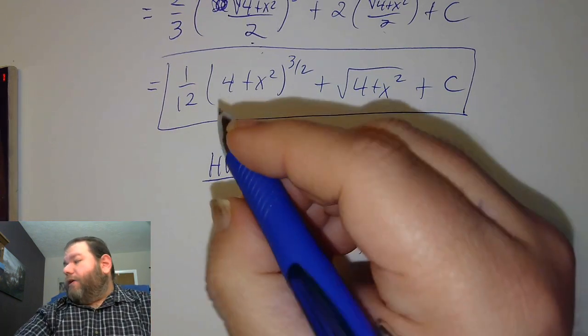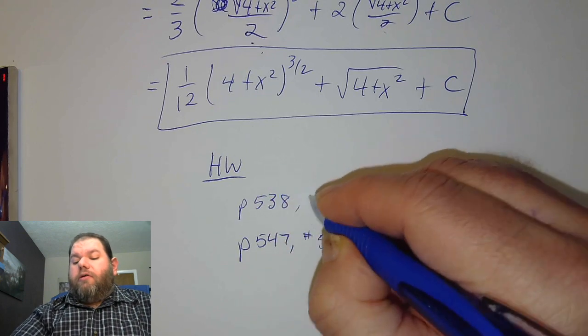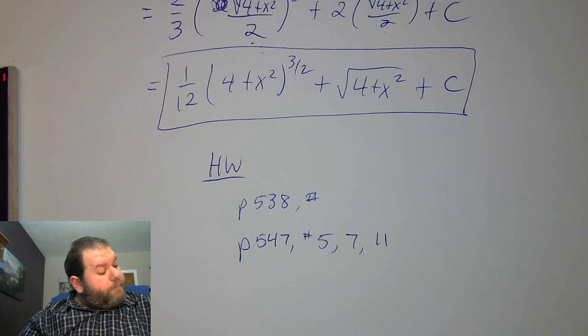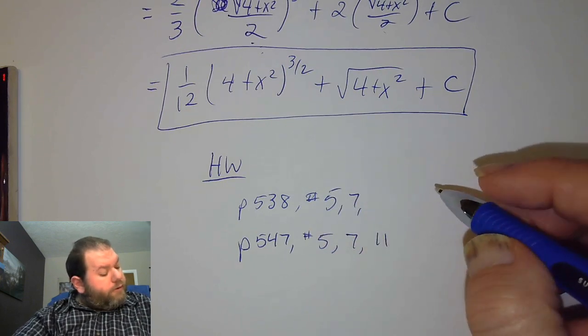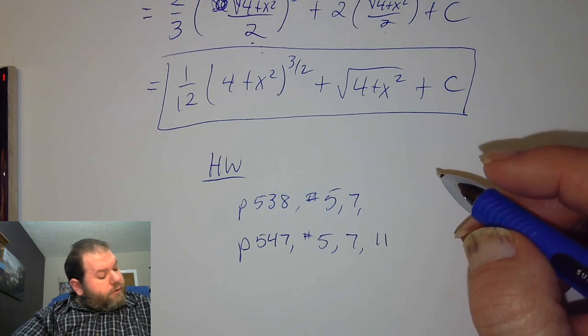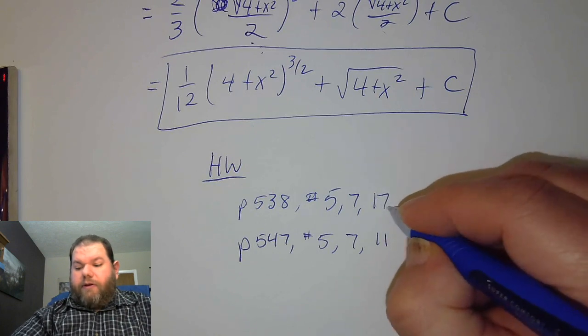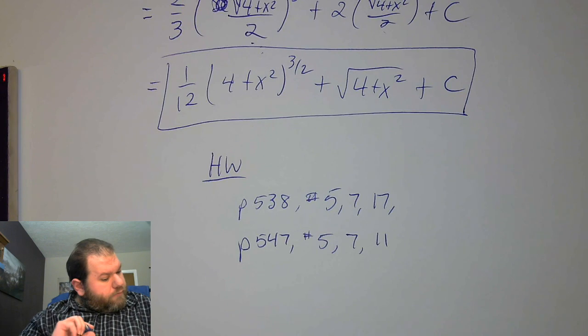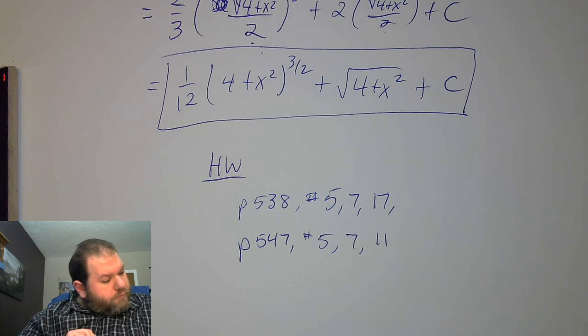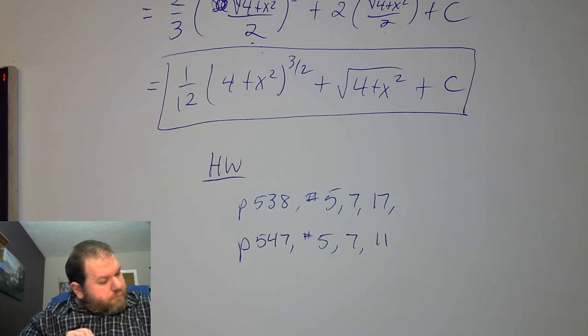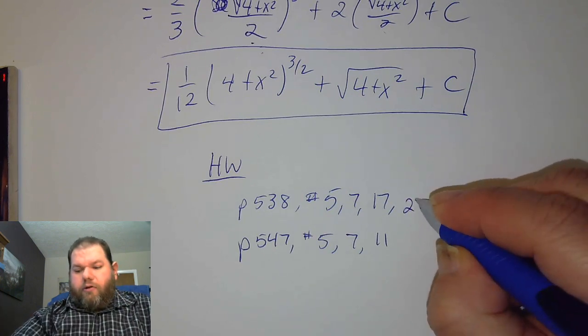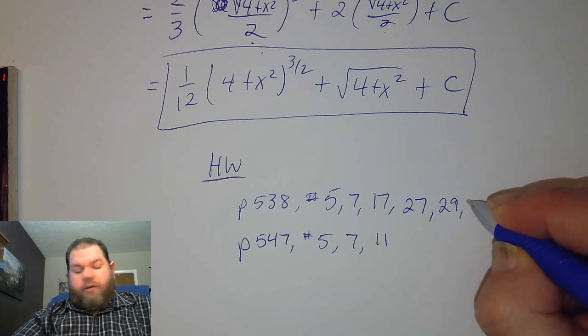And then on page 538 before that, go ahead and look at 5, 7, 17, 27, 29, 31.